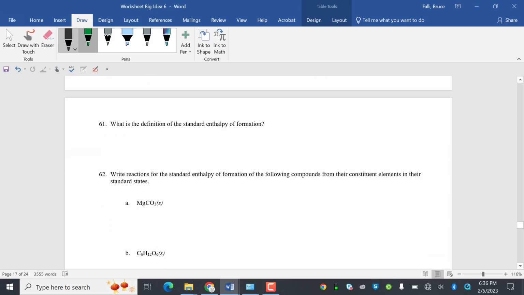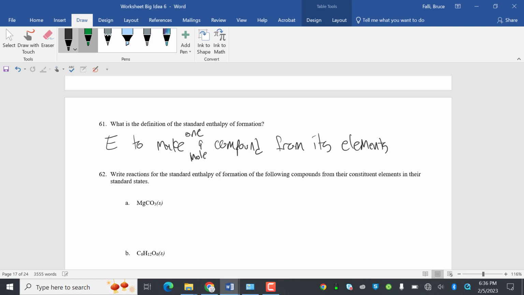What's the definition of standard enthalpy of formation? Energy to make a compound from its elements. I have to adjust that: energy to make 1 mole of a compound from its elements.